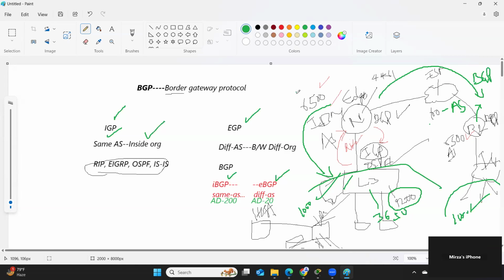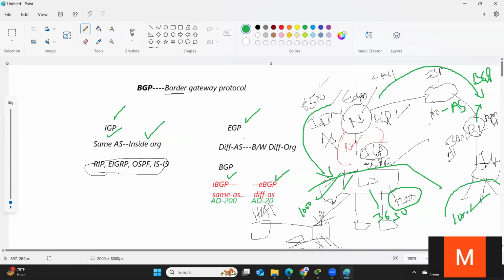In real time, how do we know which protocol is suitable for the current situation and which is not? Basically, we have IGP, the interior gateway routing protocol, and EGP, the exterior gateway routing protocol.